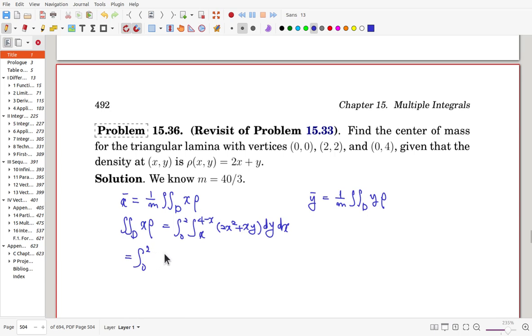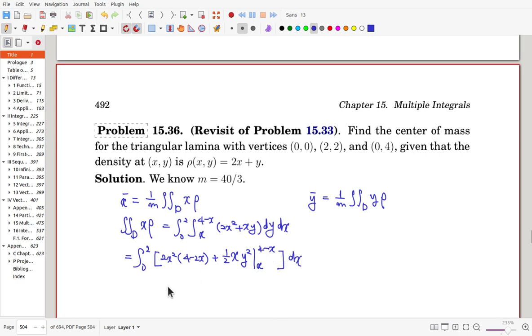Now, that one is y independent, so 2x squared, the length is 4 minus 2x. And from the second one, we have now half x and y squared. For this y squared, we have to evaluate from x to 4 minus x.